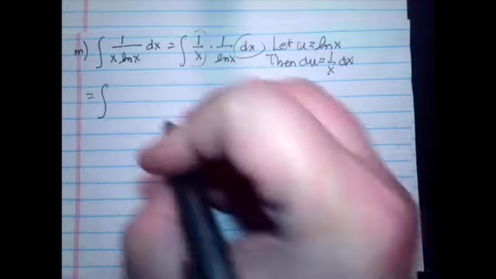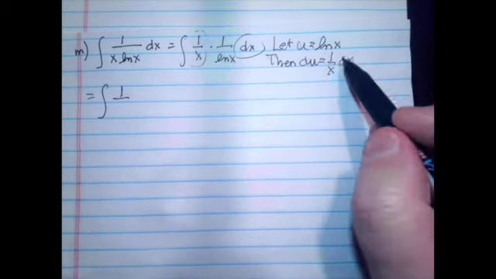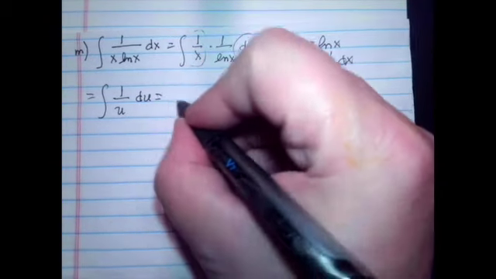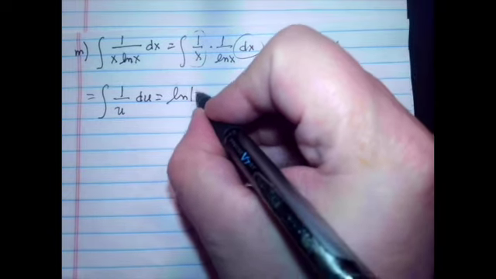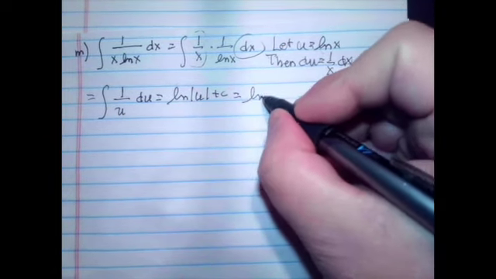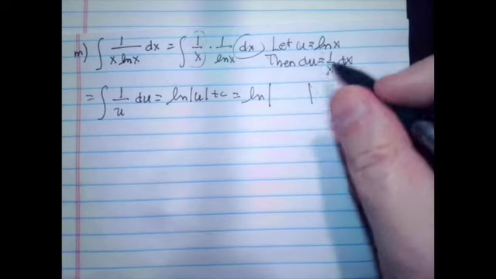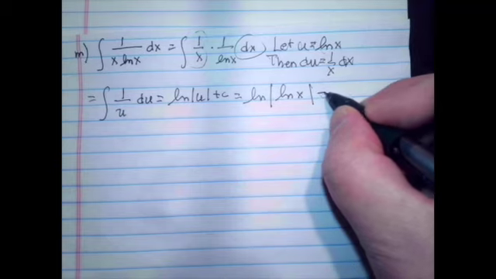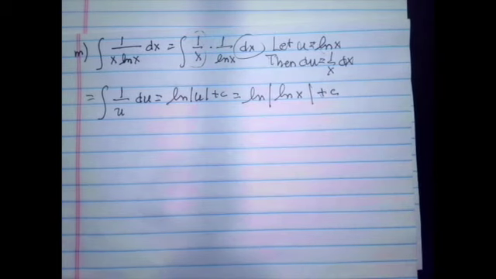So our integral becomes 1 over u du, which of course is the natural log of the absolute value of u plus c. u is the natural log of x, so we get the answer as the natural log of the absolute value of the natural log of x plus a constant of integration.